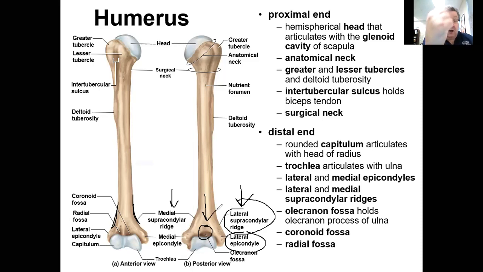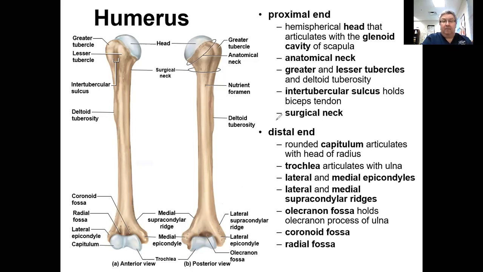All right, if you put your elbow on the table, you're actually putting the olecranon process of the ulna on the table itself. So again, you're going to need to know this fossa also. And there's only one fossa on the posterior side, where on the anterior side, there's two. All right, the radial and the coronoid fossas.